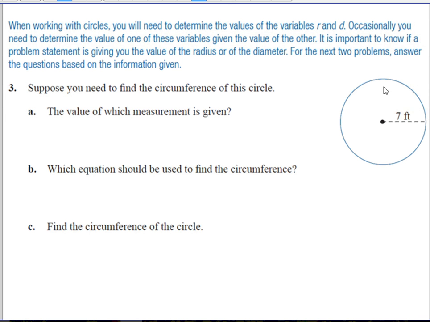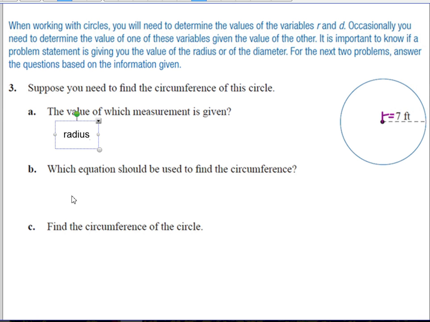So if we look at this picture, we can see from the center out. So they have given us a radius. So it says the value of which measurement is given. We just said that. It is a radius.